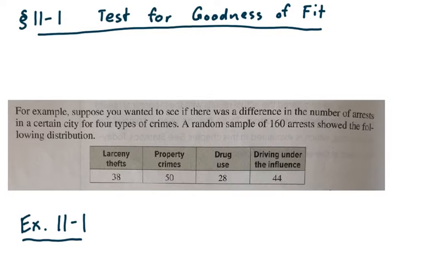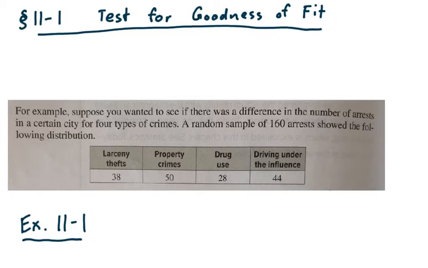Okay, so for example, if you wanted to see that there was a difference in the number of arrests in a certain city for 4 types of crimes, we'll look at a sample of arrests for these different types of crimes, and we'll go ahead and perform a hypothesis test as described in example 11-1.